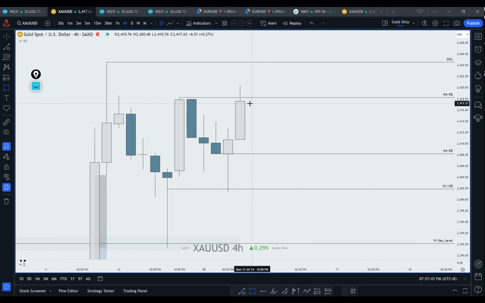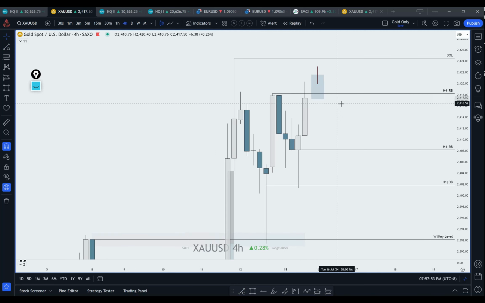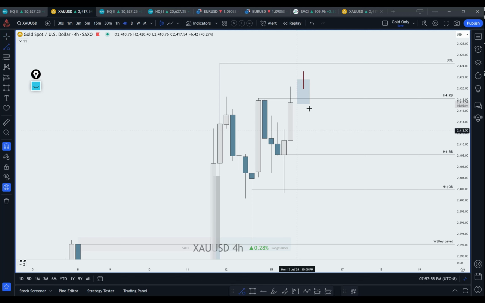The price can close above this level, and then the next candle maybe breaks the high, something like this, and closes lower.